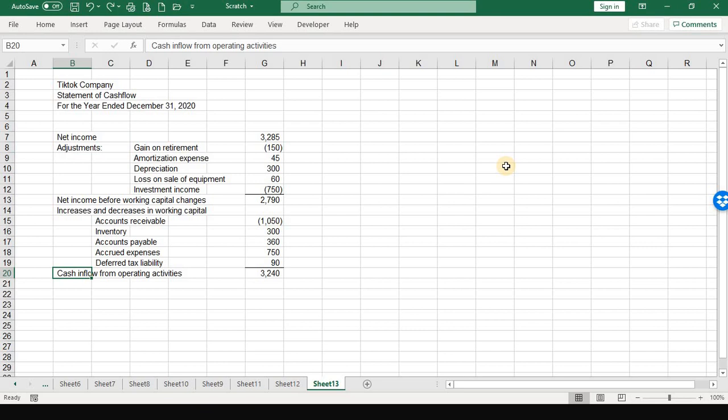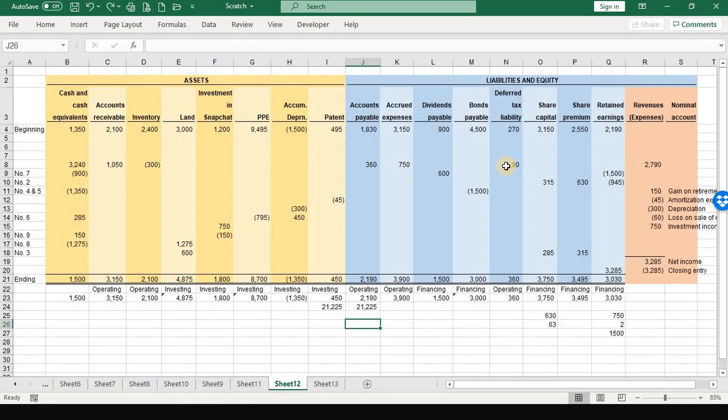Now, let's proceed to investing and financing activities. So we already considered the 3,214. So the remaining cash transactions are investing and financing. Let's classify the 900.